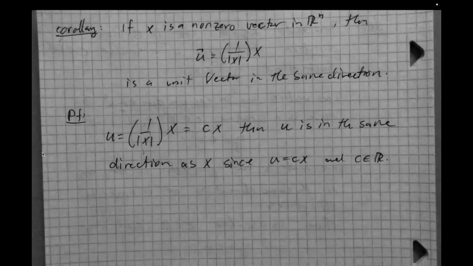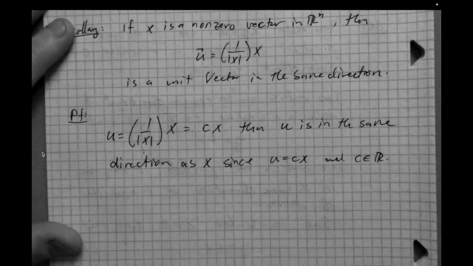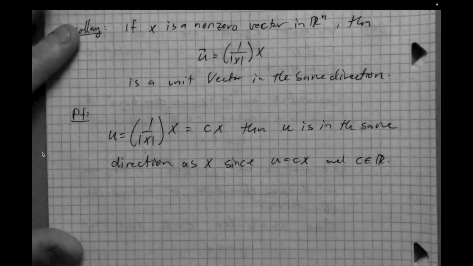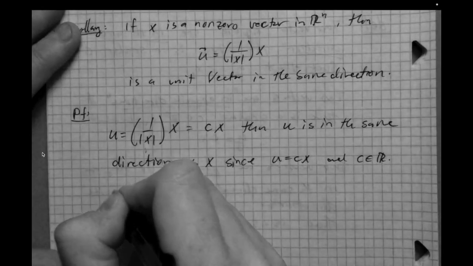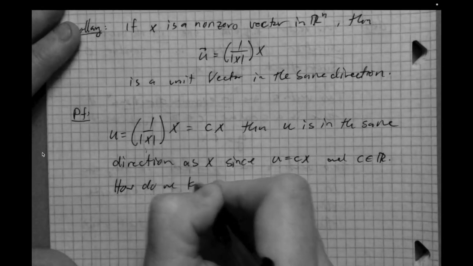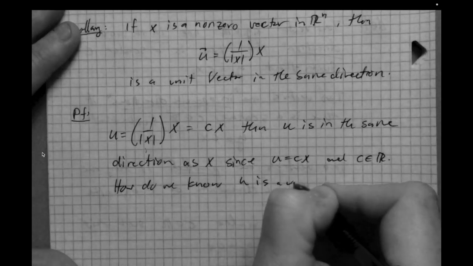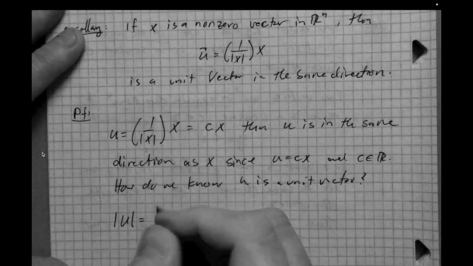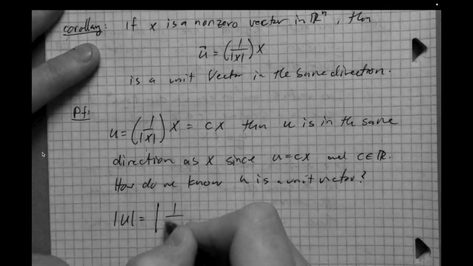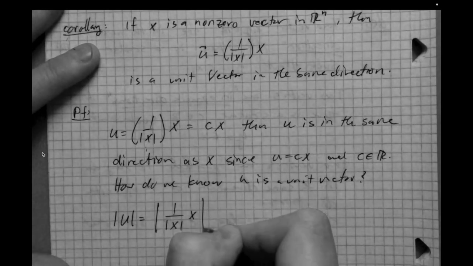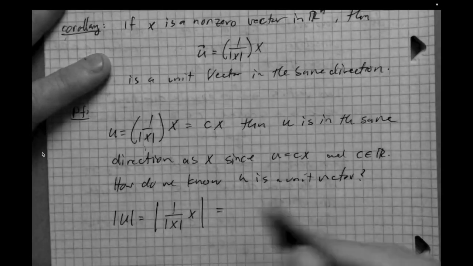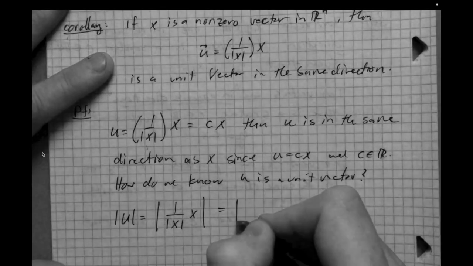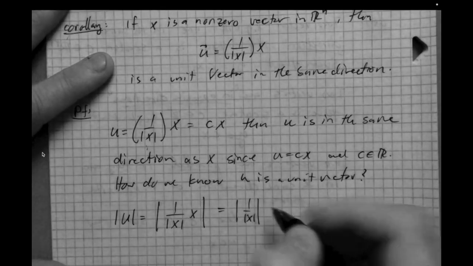All right, let's take the norm of u. If we can show that the norm of u is equal to 1, then we've got a unit vector in the same direction. That's part 2 of this. So the norm of u is equal to the norm of 1 over the norm of x times x. This is just a scalar, so that can come outside, as the absolute value of this thing.